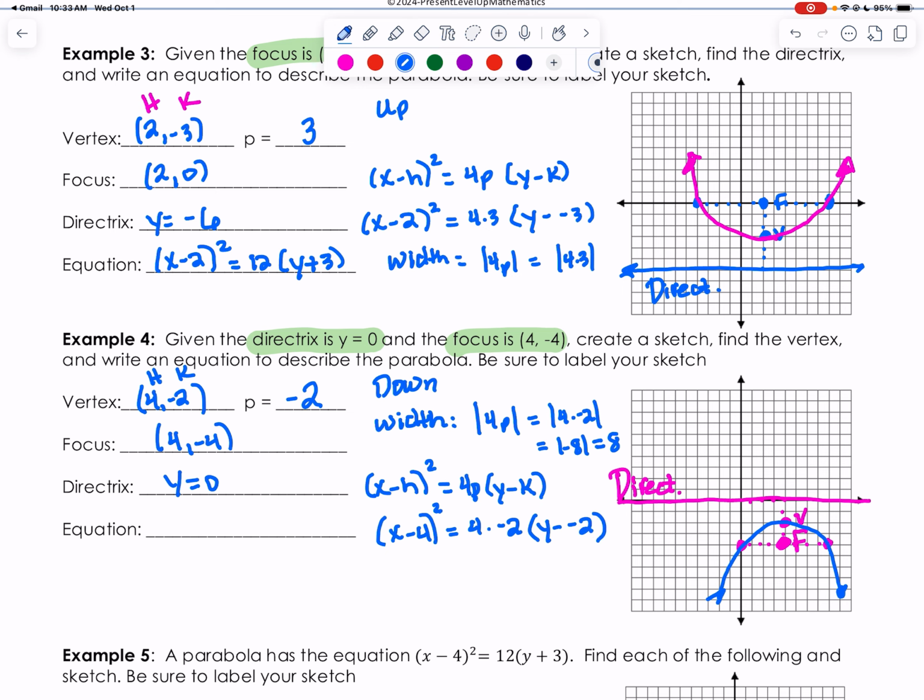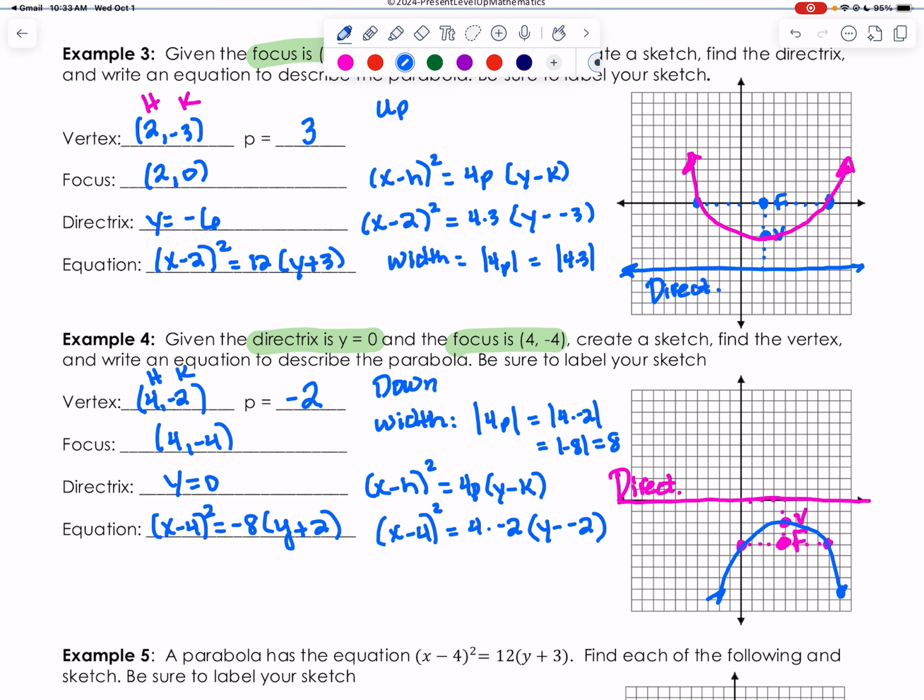All right, let's clean that up and write the equation. So (x minus 4) quantity squared equals -8 times (y plus 2). And there's your equation.